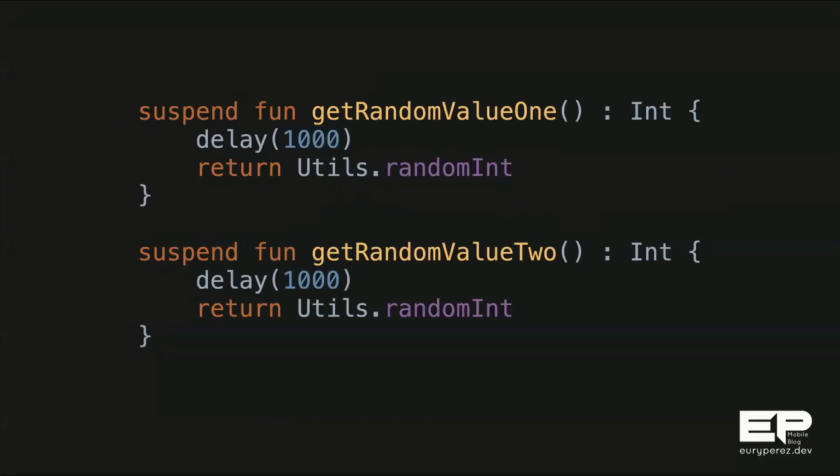These are the two suspend functions. I have an extension that just generates a random integer, and to simulate that we are doing a heavy job, I just added a delay of 1 second.